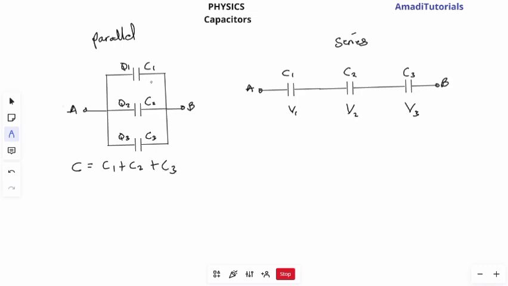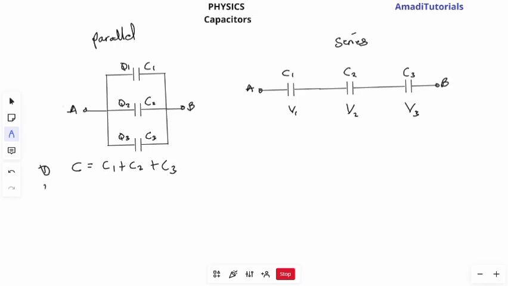So that means if the capacitance of C1 is 1 farad, and C2 is 3 farad and C3 is 2 farad, the equivalent will be what? 1 plus 3 plus 2. That will be 6 farad. So it's as simple as that. That will be the equivalent capacitance of the three capacitors combined. So that's the first point there.